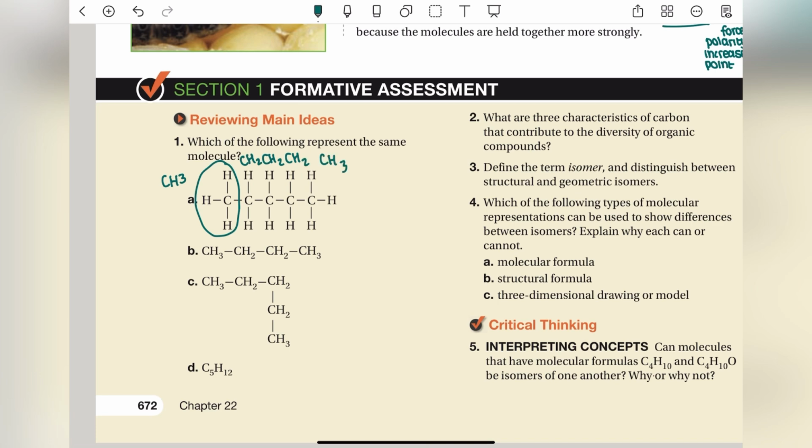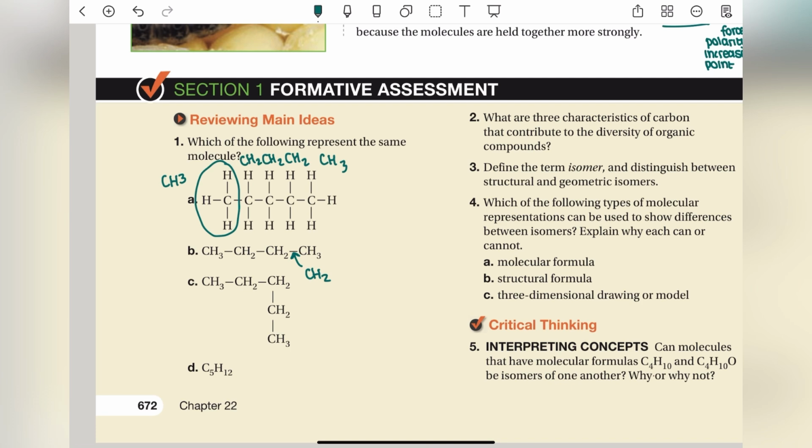And it kind of looks similar to B, but there's a CH2, which is called a methylene group. So if there was another methylene group in this structure, they would be the same, but they're not.